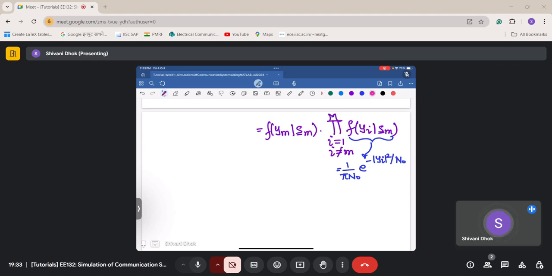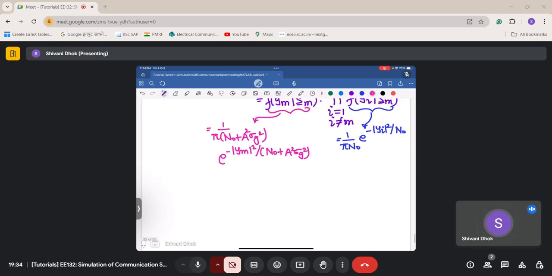And this factor here is equal to 1 over pi into N naught plus A square sigma g square, into e power minus ym square divided by N naught plus A square sigma g square. Okay, so we have this now.